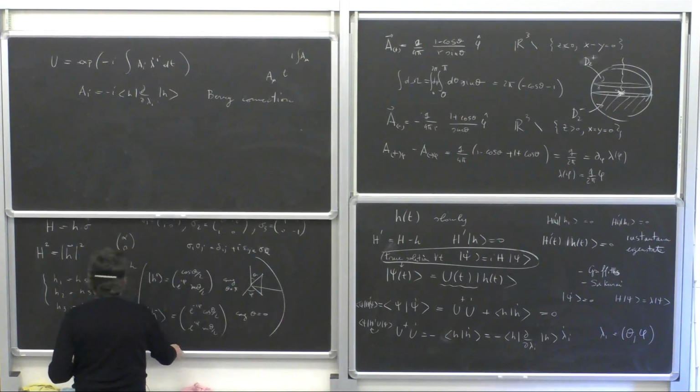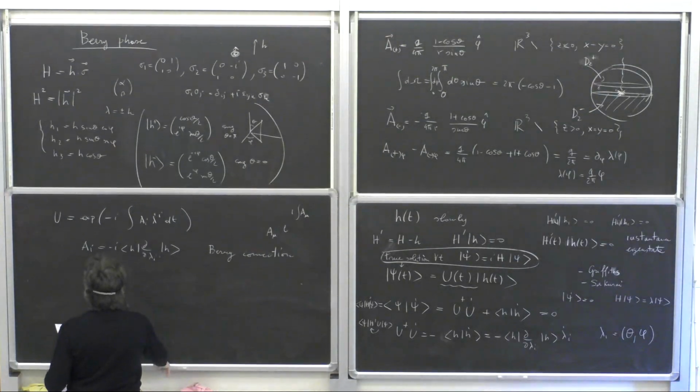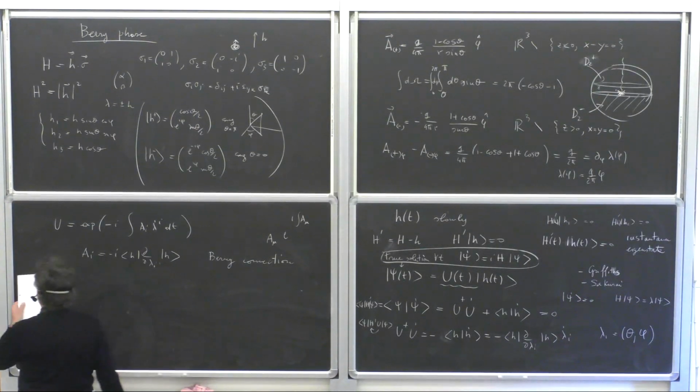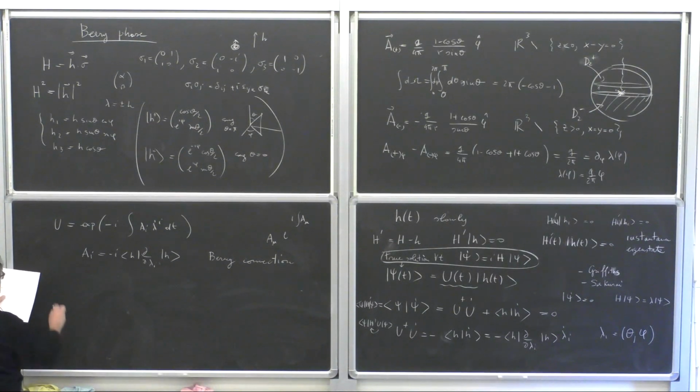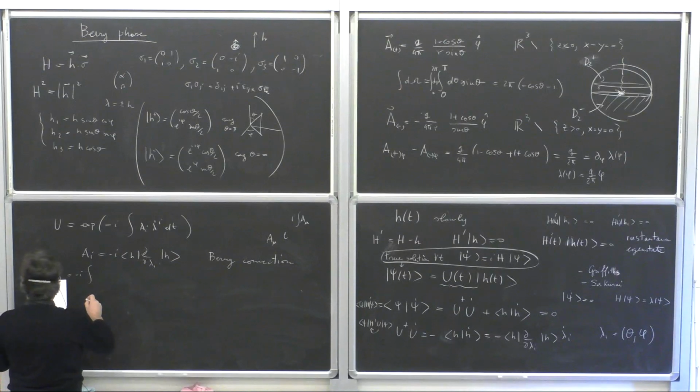Okay. So now at this point we can compute them. Compute A. Okay. So then you say, okay, you just do these derivatives. A theta is minus i h derivative with respect to theta of h. Okay. Let me use h plus.